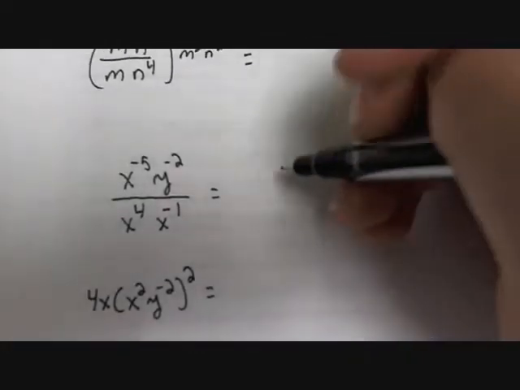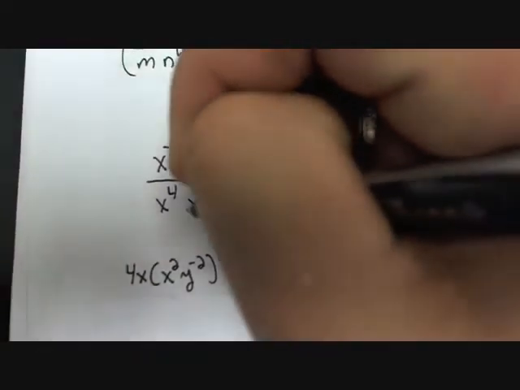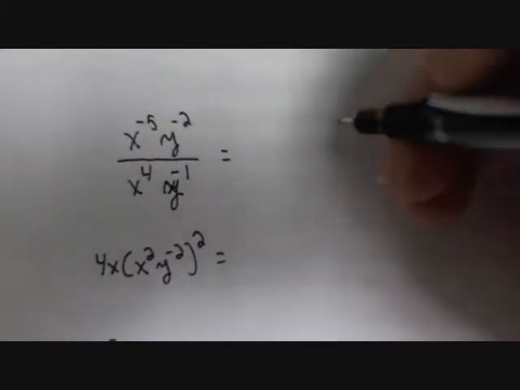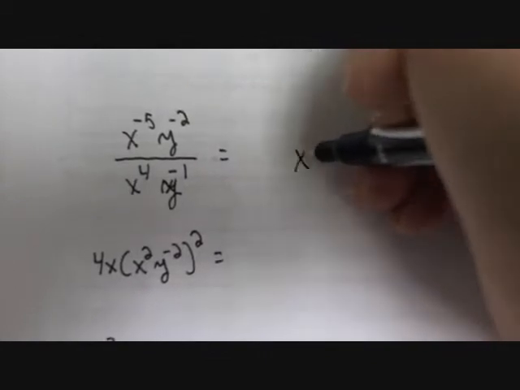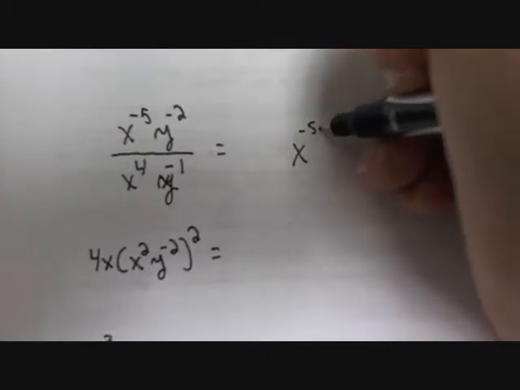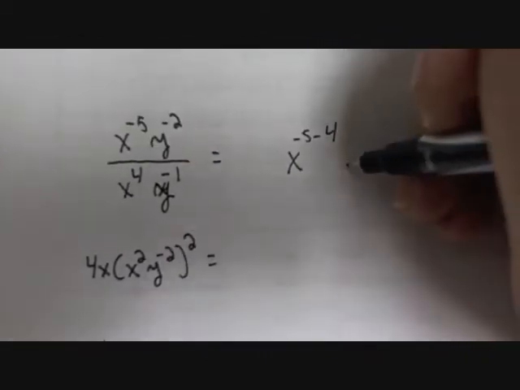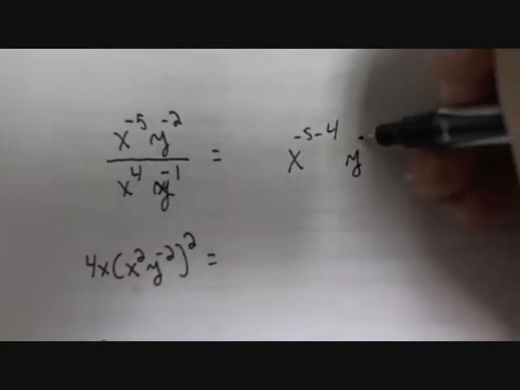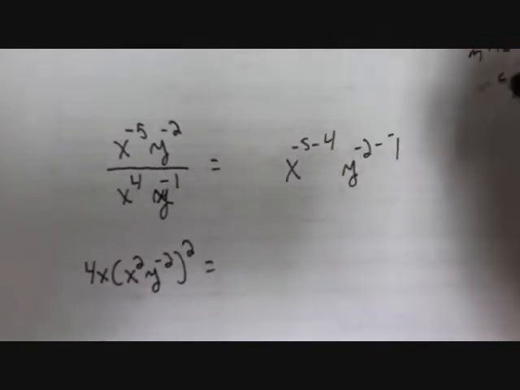Alright, so again, this one is just quotient. So we group our x's and we group our y's. Oh, sorry, this was supposed to be a y. So, x to the negative fifth power divided by x to the fourth. Same thing, saying again, quotient: x to the negative 5 minus 4. Now the y's, y to negative 2 minus negative 1.